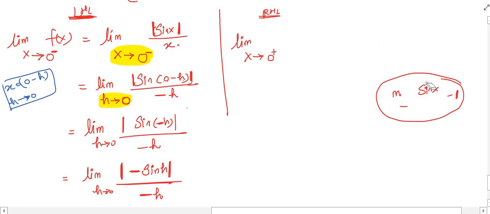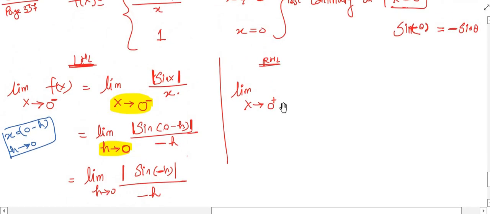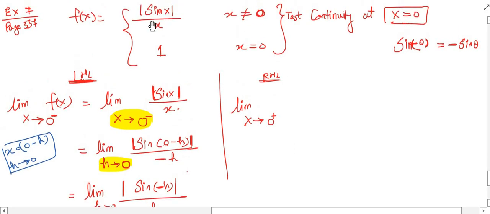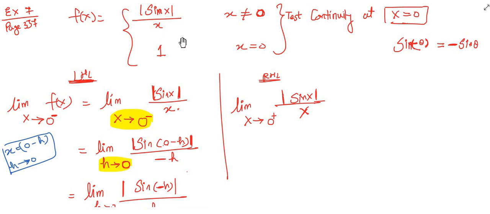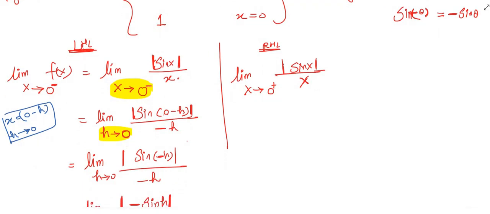Now let's do it for RHL. All the steps. Correct? So for RHL, what was the definition? 0 plus. 0 plus means this one only we will take. So let me take sine x by x. Since we know how to solve it, it will go a little bit fast. Correct?